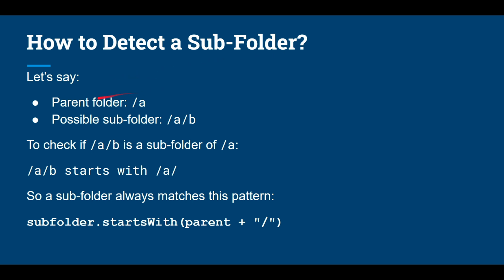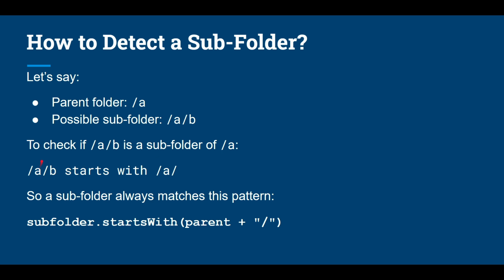Let's say we have a parent folder, /a. What are the possible subfolders here? We can say /a having /a/b, which is a possible subfolder. So we'll check if /a/b is a subfolder of /a.